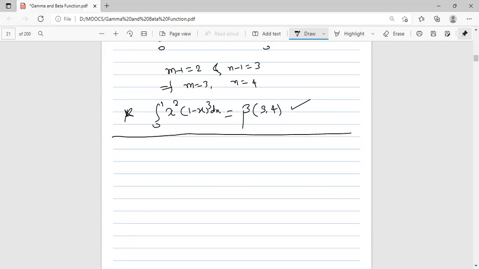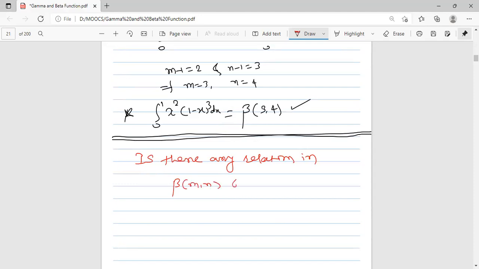Therefore, I will give one story, and by using this story we will try to find out whether there is any relation between the beta function beta m, n and the gamma function gamma n.